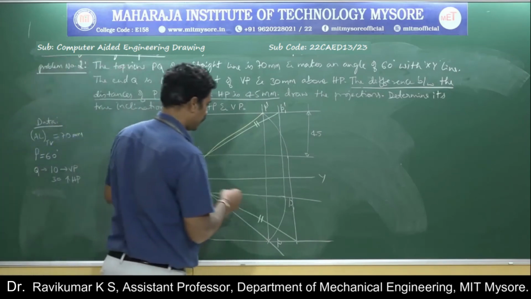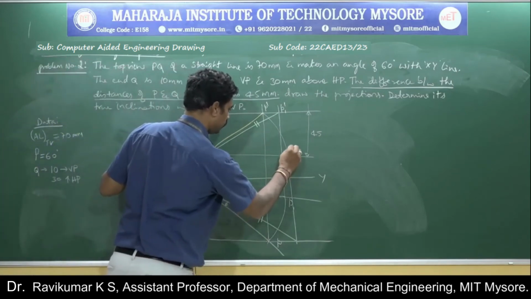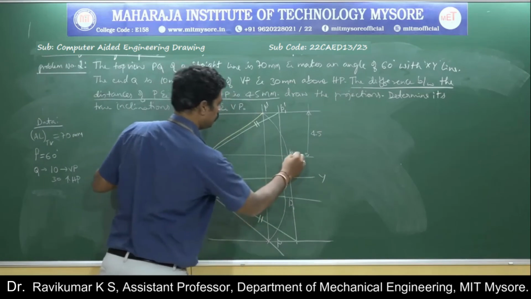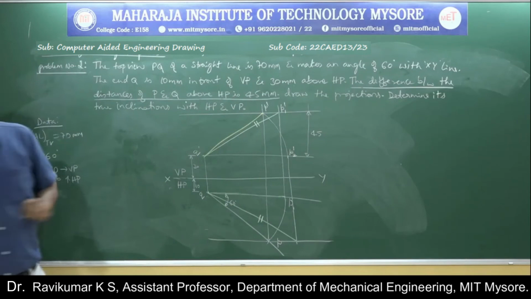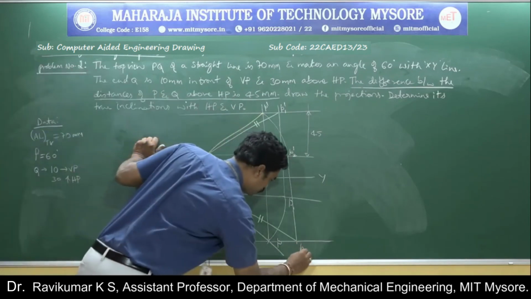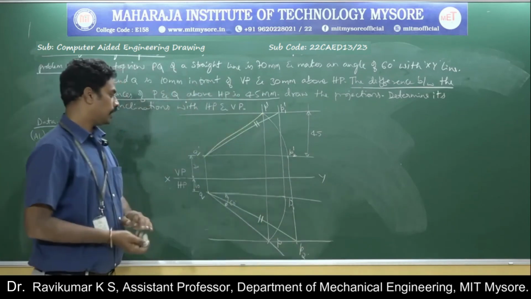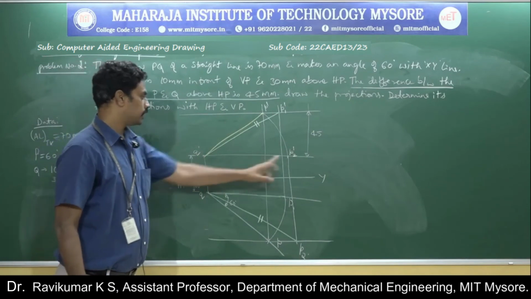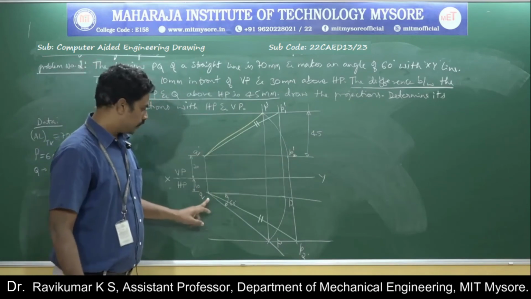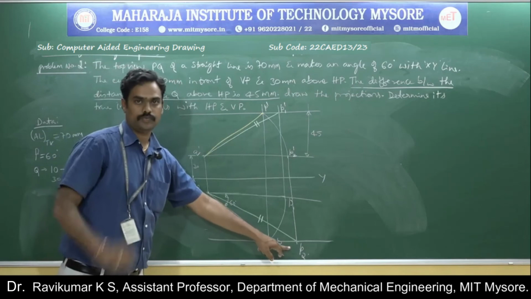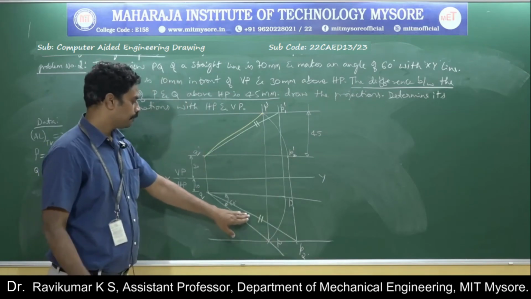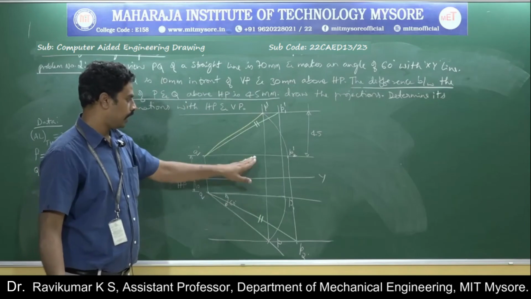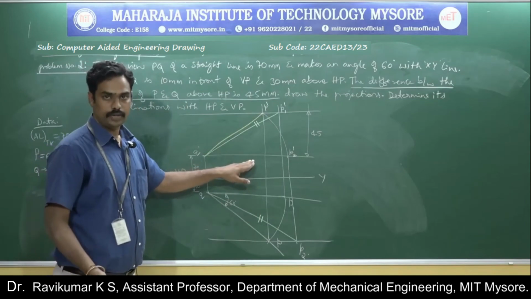If you have a look, this point will be P2 dash, and this will be P2. Just have a look at Q dash, P2 dash, and Q, P2. This is one of the case 4 or 5. Here it is inclined to VP and parallel to HP.